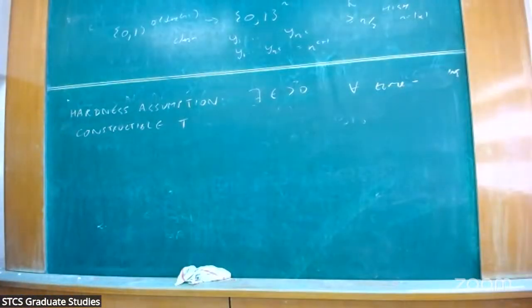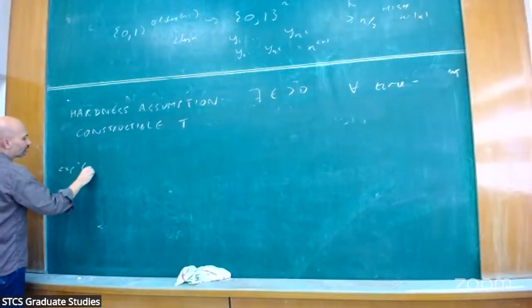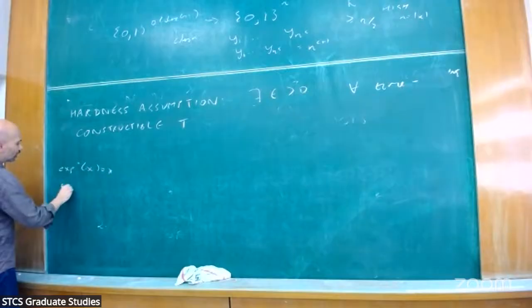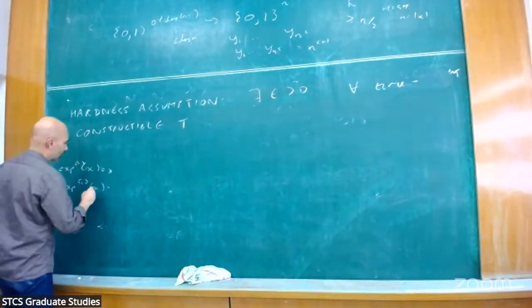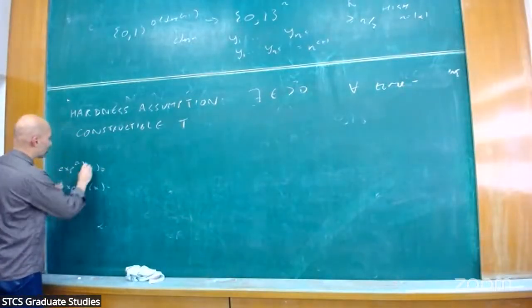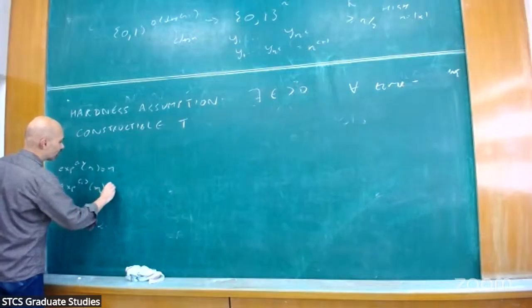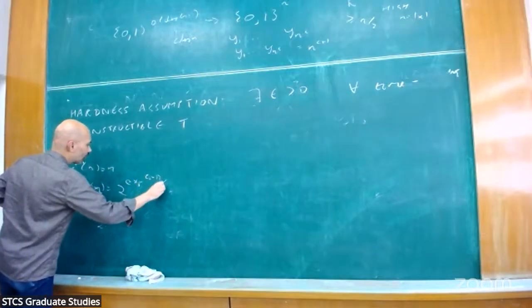We'll be using iterated exponentials and logarithms here. You might already know what it is, but the zeroth exponential of x is x, and the i-th exponential of n is 2 to the (i minus 1)-th exponential of n, right?